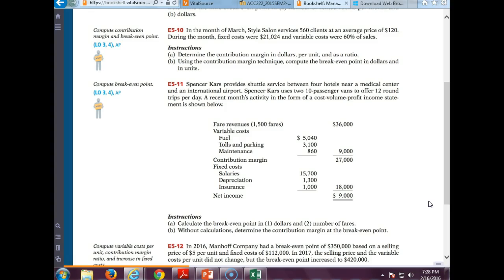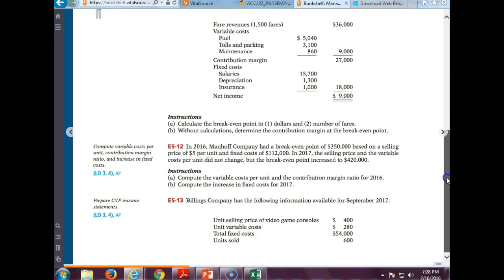How can we calculate it in terms of sales? 1,000 fares at how much per fare ride? $24 would give us how much? Make sense? Good, guys. Okay.